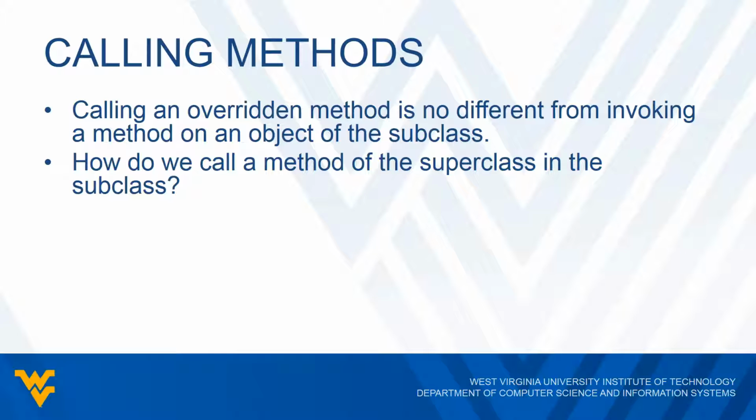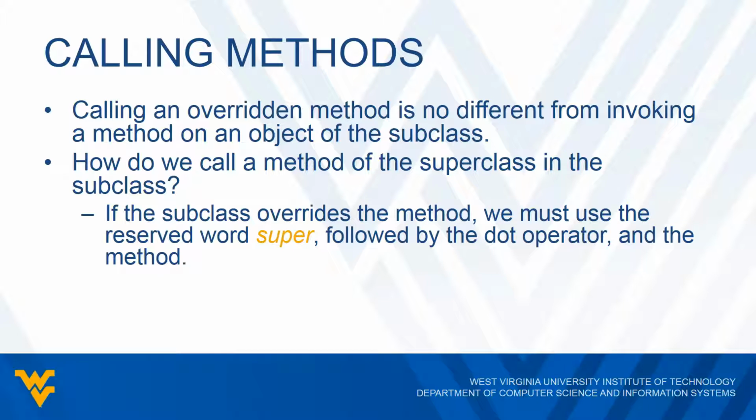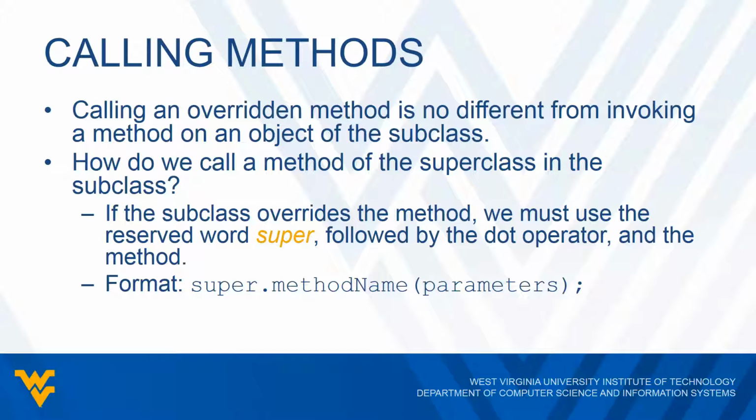Well, in this case, if we are dealing with an overridden method, we have to use a special word, which is called super. Then we would have the dot operator and then the name of the method. So instead of invoking the method on an object, we invoke the method on this keyword super. The format would simply be super dot, then the name of the method, and then the parameters.